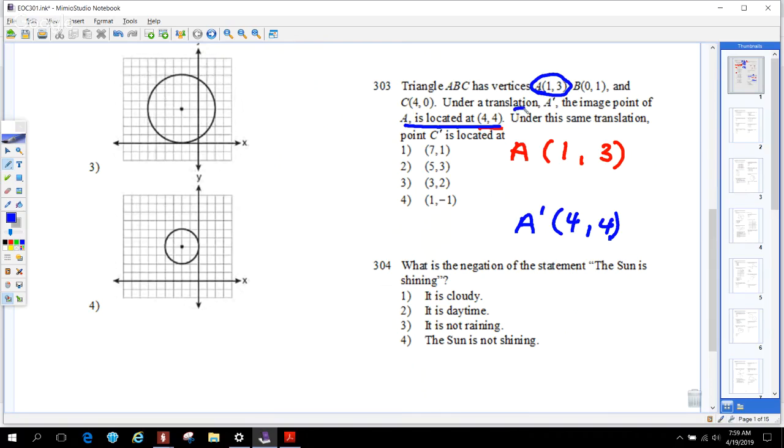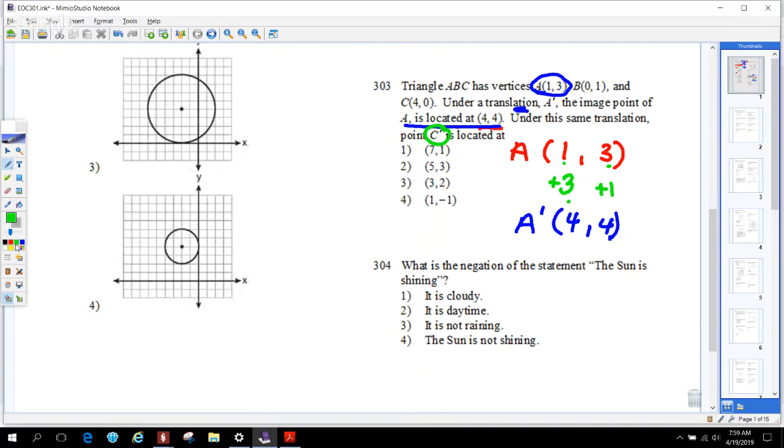It tells us it's a translation, so we know we have to add or subtract. If we're at 1 and we go to 4, we add 3. If we're at 3 and we go to 4, we add 1. What it wants to know is, under the same translation, where is C prime?